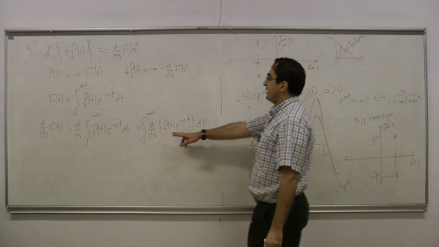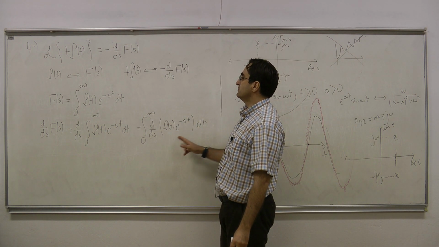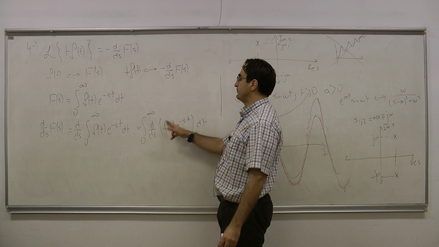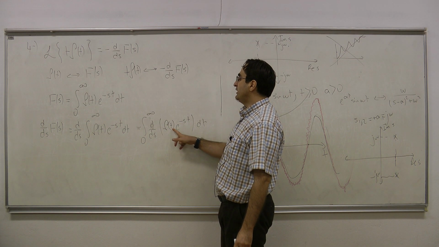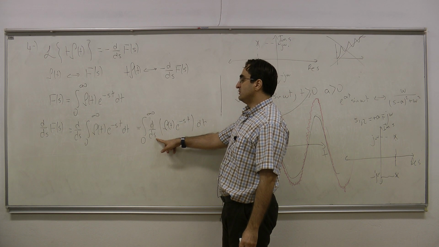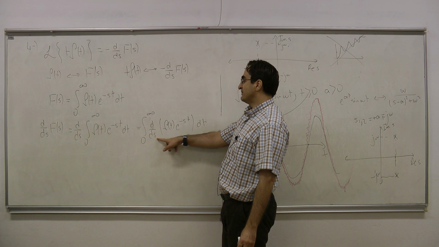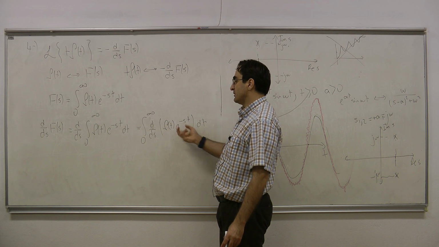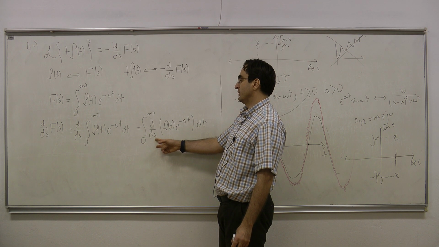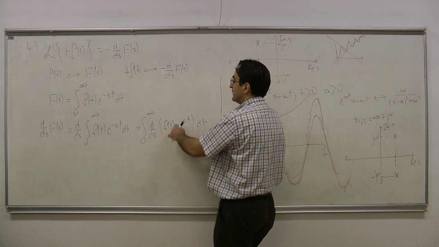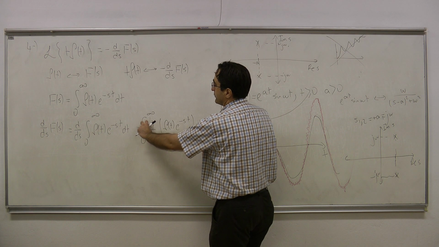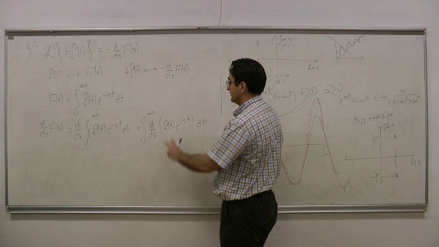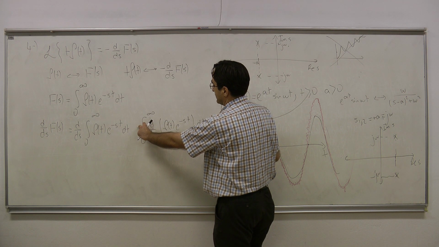So here I'm trying to take the derivative with respect to s of such a function. Here, with respect to the derivative variable s, t is just a constant, okay? So this f of t is nothing but a constant for this derivative operator, okay? So I can actually take this f of t outside the differentiation because it's just a constant with respect to s.